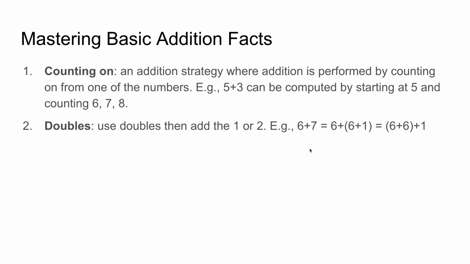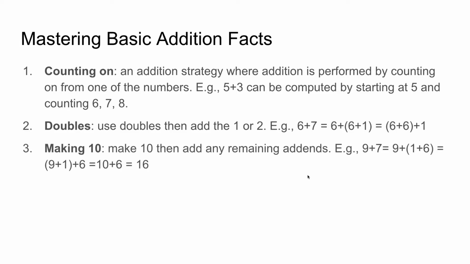So using doubles is so much easier too. Also making 10 is really easy because our number system is a base 10 system. Like using the 10 frames, if you fill up the 10 frames, you can easily count what is left over, what is not in that 10 frame.